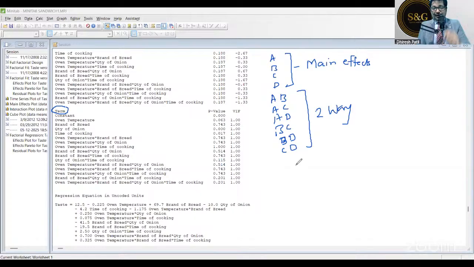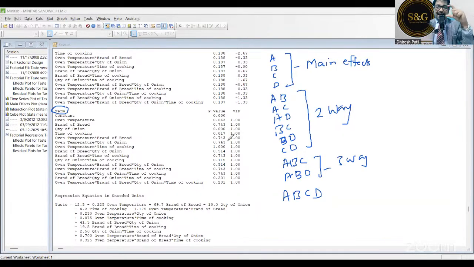Similarly, there are three-way interactions like ABC, ABD, etc. They are called three-way interaction. And there is only one four-way interaction, which is A, B, C and D, which you can see all the combinations here. And these are called terms. One is main effect, two-way interaction, three-way interaction, four-way interaction. Now, you can see here, oven temperature, brand of bread, quantity of onion, time of cooking.